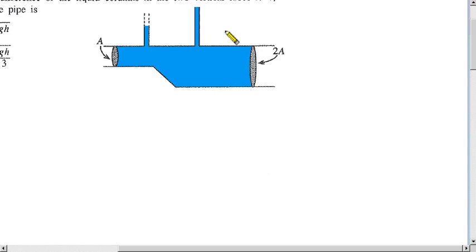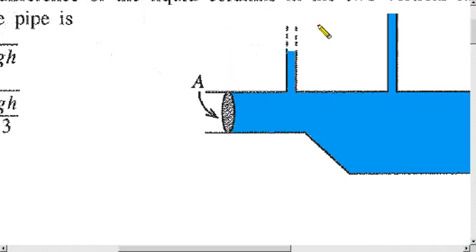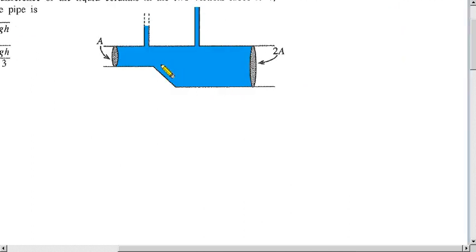And you have to draw streamlines here like this. Streamlines you know, don't you? If you have learnt the lesson Bernoulli equation and Bernoulli theorem, you know what streamlines are.